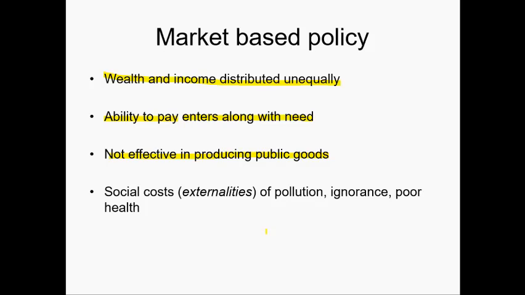We also know that on a local level, if you had a totally privatized fire department, you would call the fire department and they'd say, well, how much money you got before we come put out your fire? And then you'd call around trying to get the cheapest price, and by that time your house is burned down. So again, you've got some public goods that really are not conducive to making a profit, and so the market would not really apply to producing those goods. So yet another difficulty with market-based policy.